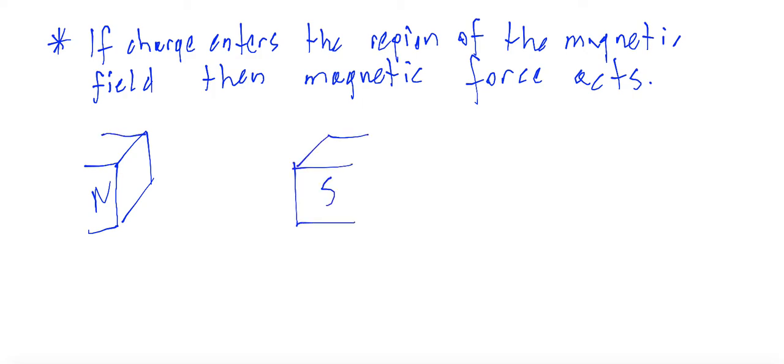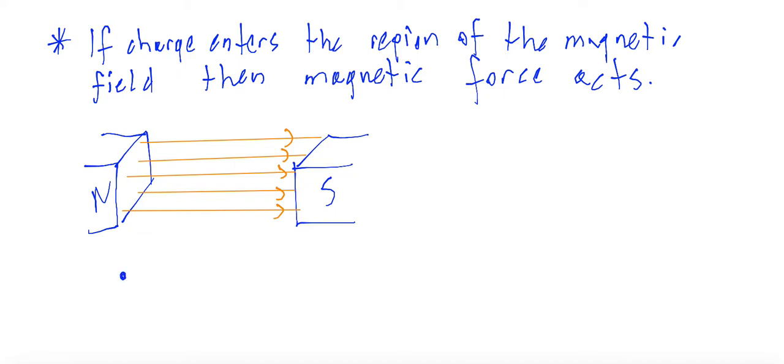Of course, magnetic field is directed always from north to south, so from N to S. Okay, and let's imagine that you have a positive charge, again a positive charge, which travels along this line and enters this field here. So what happens? You can use the left hand FBI rule.